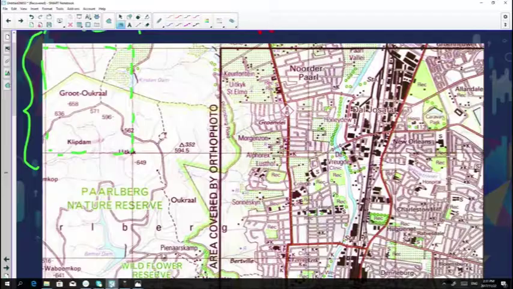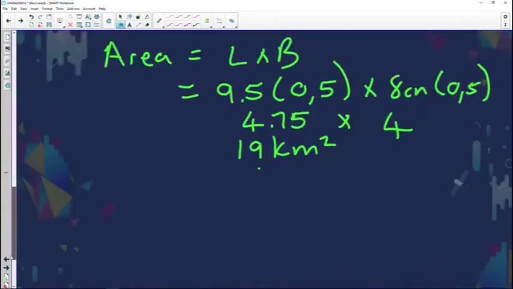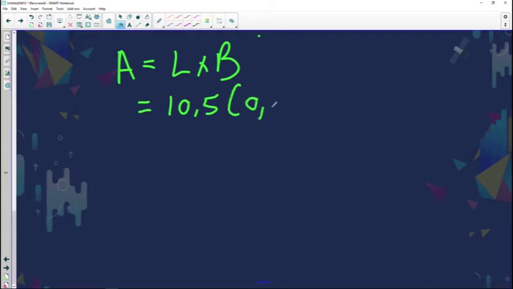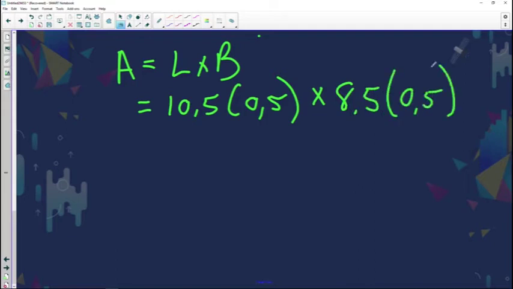So let's quickly calculate it. Area equals length times breadth. The length was 10.5 centimeters. Let's presume they asked for the answer in square kilometers, so times 0.5, times 8.5 centimeters times 0.5.